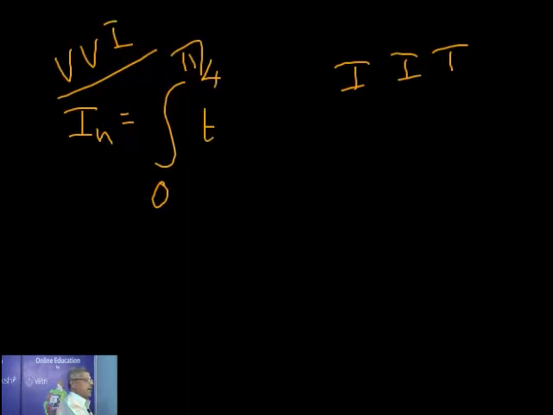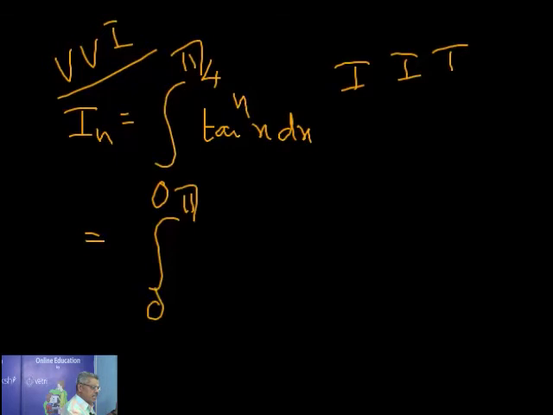Tan x power n dx. Remember, the reduction formula for sin x power n and for cos x power n, they are different. The reduction formula for tan x power n is totally different because we integrate in a different way, by doing some jugglery. Let us see. You can enjoy that jugglery.